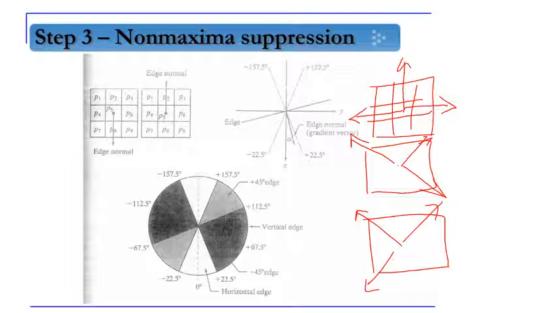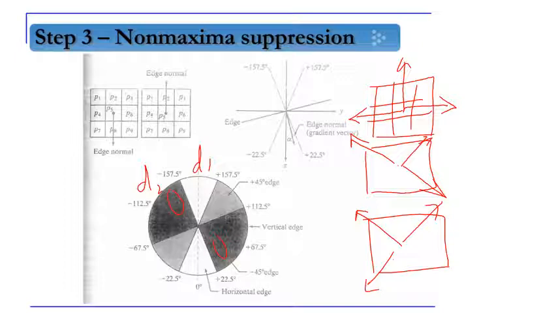So in total we are going to assign 4 directions. If the alpha is present in this region, the white region, which represents the horizontal edge, this is named direction D1. If alpha is present in this particular range, either this region or the opposite of this, the direction is D2.